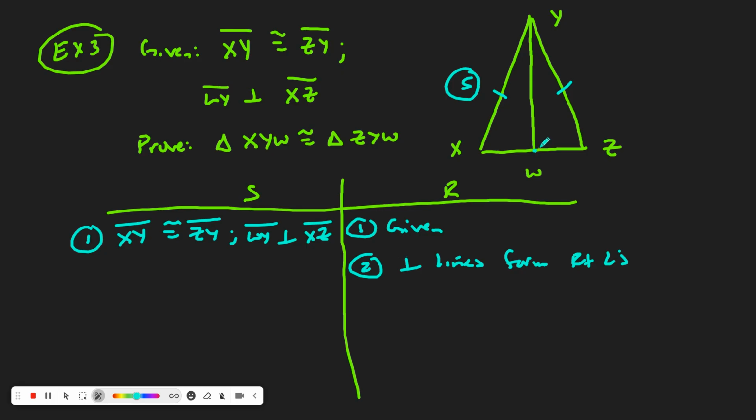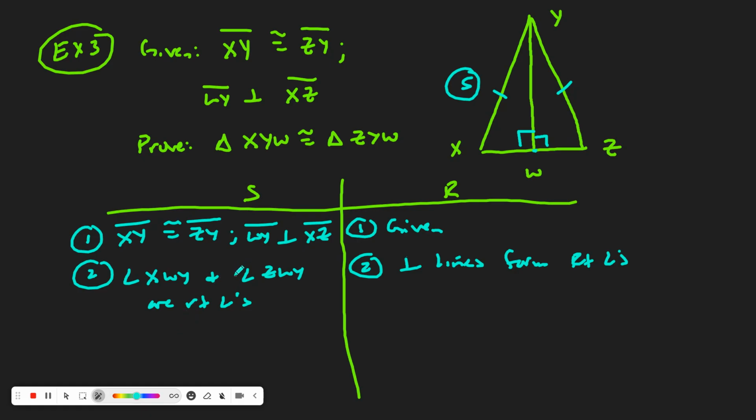They intersect here at W, which means that the two angles at W, this one and this one, are both right angles. So in step 2, I'm going to name those two angles and say they're right angles. So angle, I'm going to use 3 letters, XWY, that's the angle on the left, and angle ZWY, that's the angle on the right, are right angles.